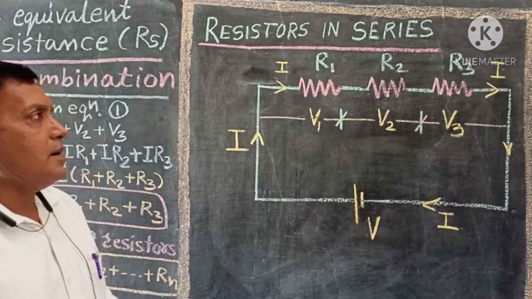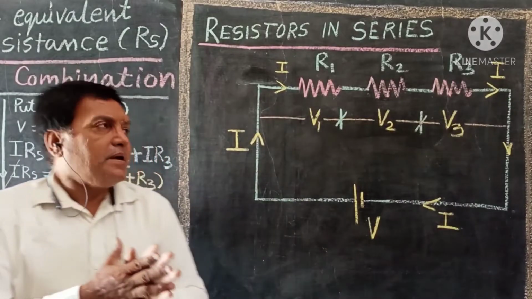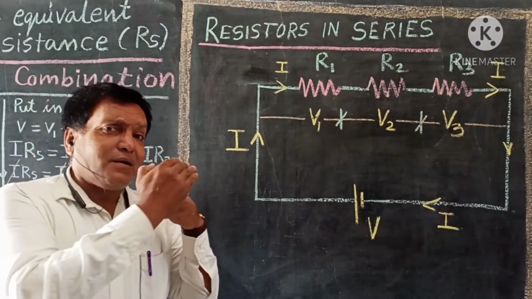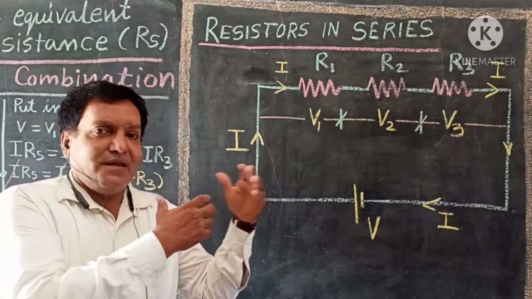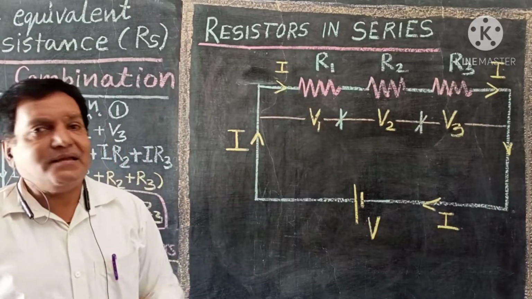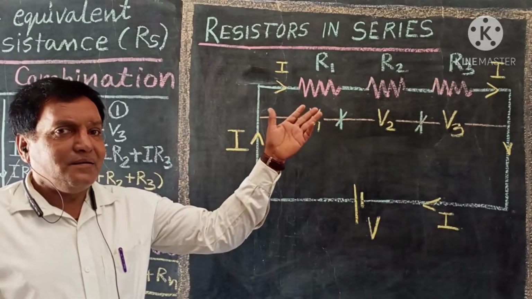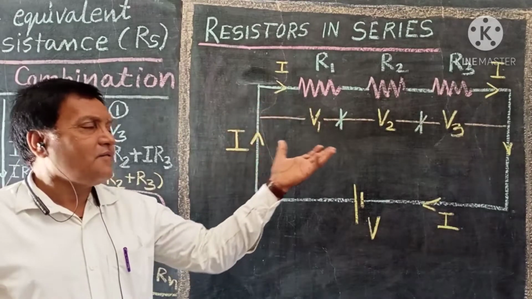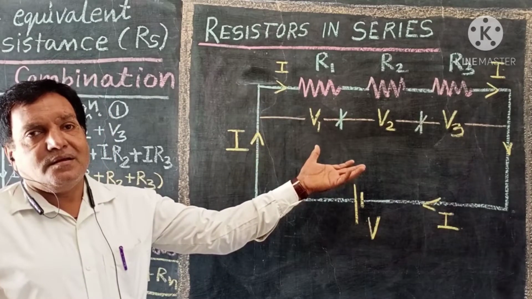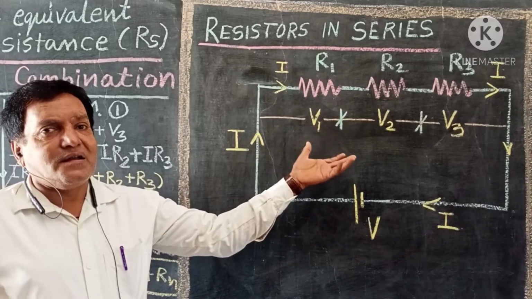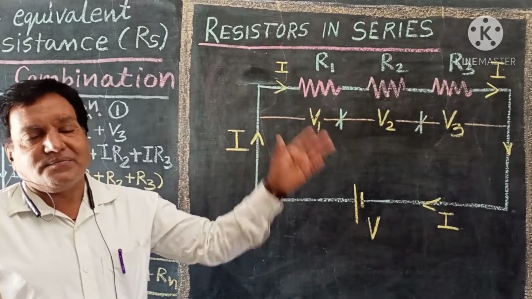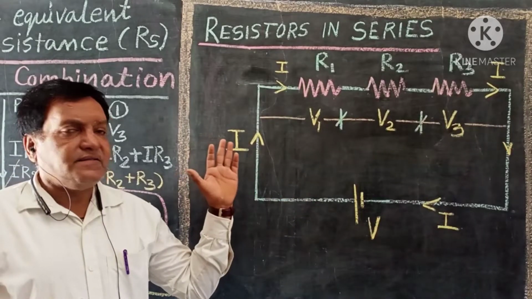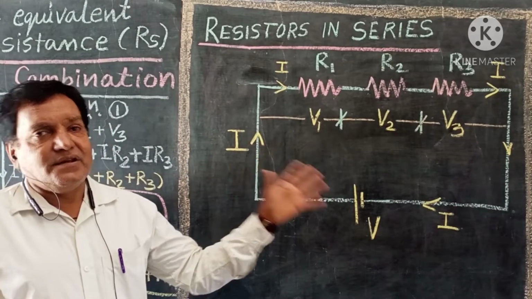I am again repeating the statement: when the resistors are connected back to back, just like a chain, and carry the same current, but the potential difference or voltage across each resistor is different, then we can say that the resistors are connected in series.